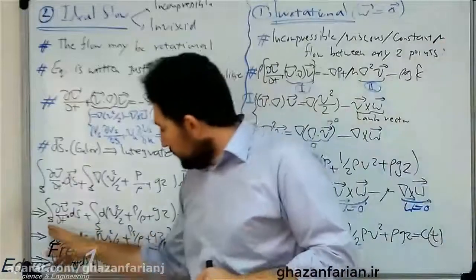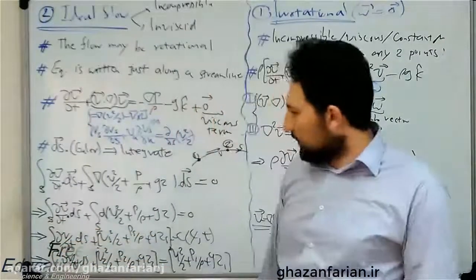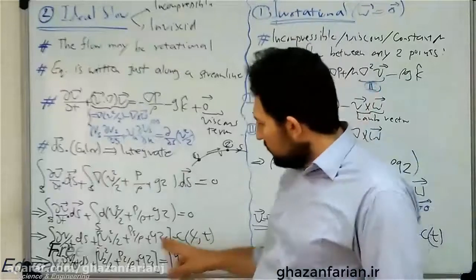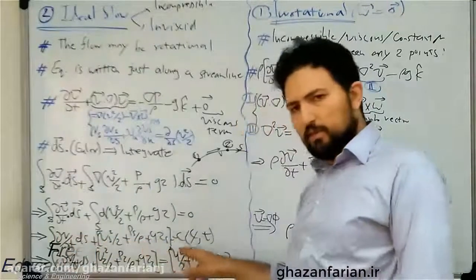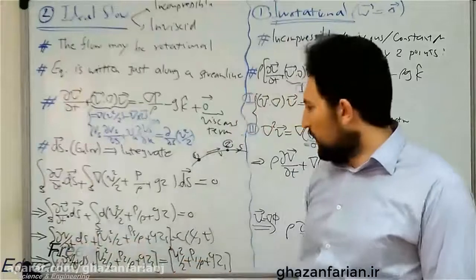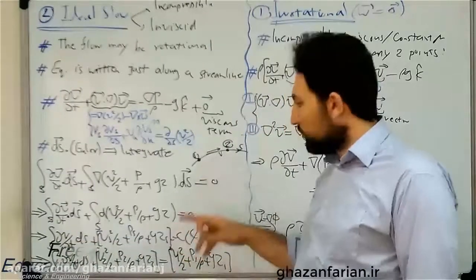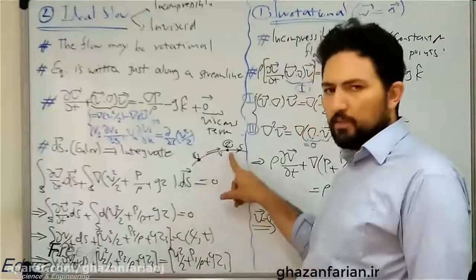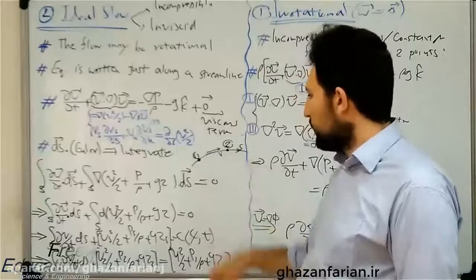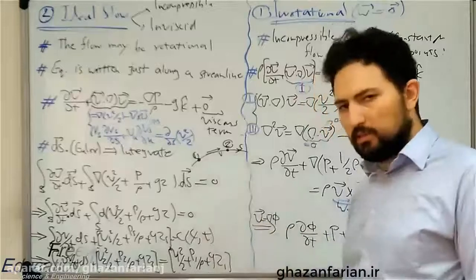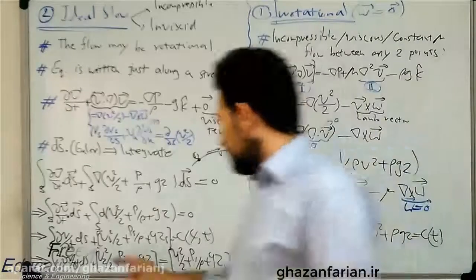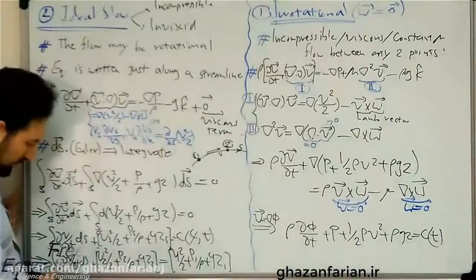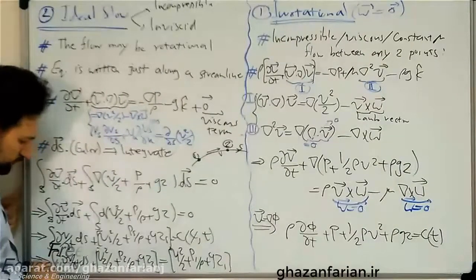You see the integral here is an indefinite integral. So you can change this form of the Bernoulli's equation to the definite version. It means that you perform the integration between two specific points on that streamline. The first point is 1 and the second one is 2. So this indefinite integral changes to the definite integral between points 1 and 2.